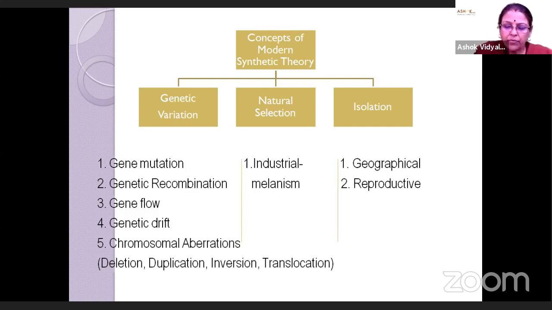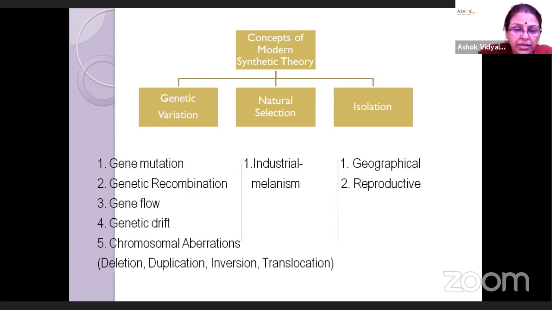It can take place between two populations of the same species through migration and is mediated by reproduction and vertical gene transfer. Students, what is this vertical gene transfer? Now, that means from parent to the offspring. Gene flow also alters gene frequency, causing evolutionary changes.